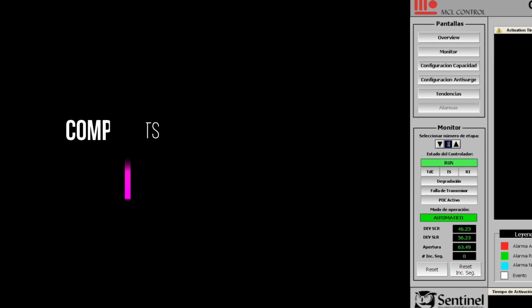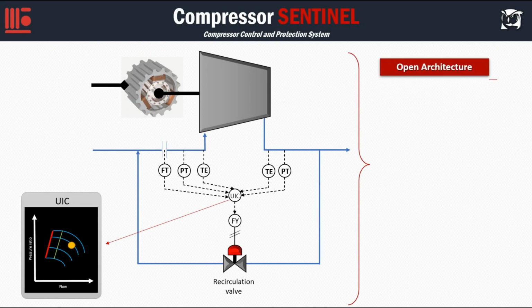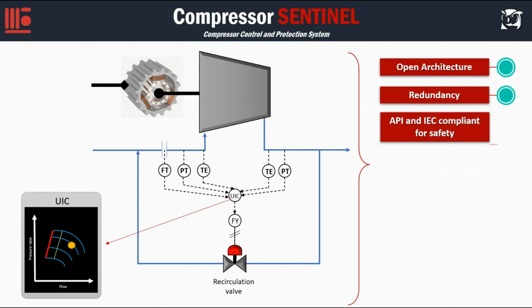A solution like Compressor Sentinel offers open architecture that can be tuned to meet the required safety integrity level, SIL, and availability of your process, availability of redundancy for the safety and control of the process. Solution compatible with API and IEC 61508/61511 standards for safety.